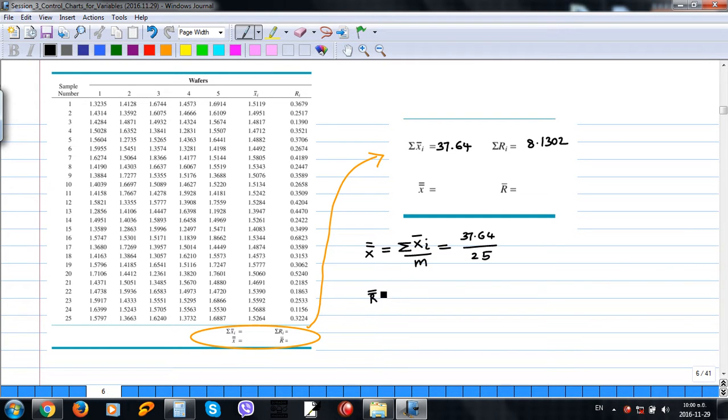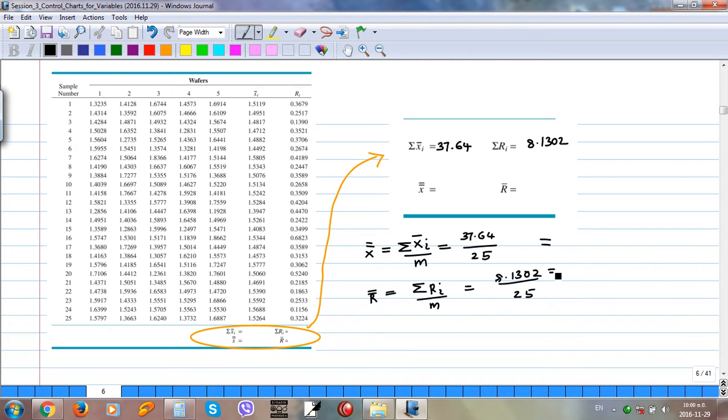R bar also you can find as sigma Ri over m. Sigma Ri you found as 8.1302, divided by m equals 25.